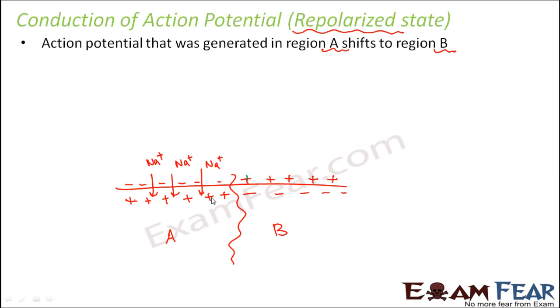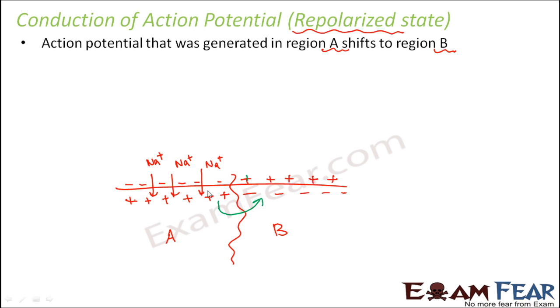If you compare the inner surface of region A with the inner surface of region B, what do you see? That a gradient has developed. On one side there is positive charge, on the other side there is negative charge. So there will be a current flow from region A to region B because of this gradient.